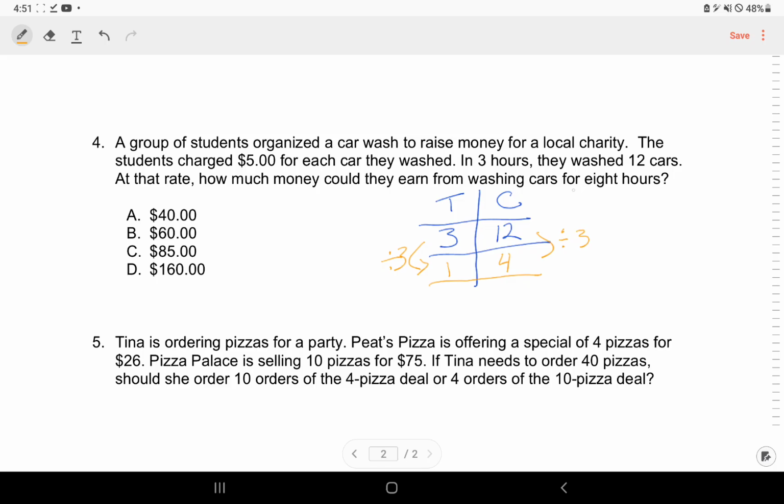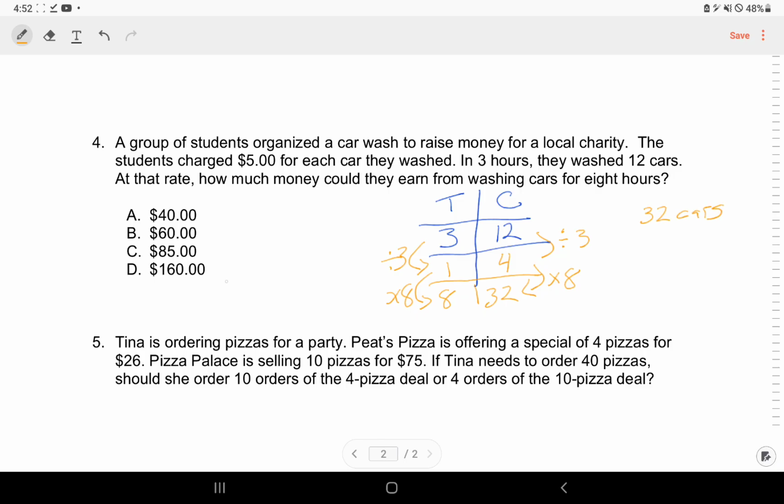Well, it wants to know for 8 hours. So 8 hours. So that's times 8. Well, 8 times 4 is 32. Now, we're not done because that's 32 cars.